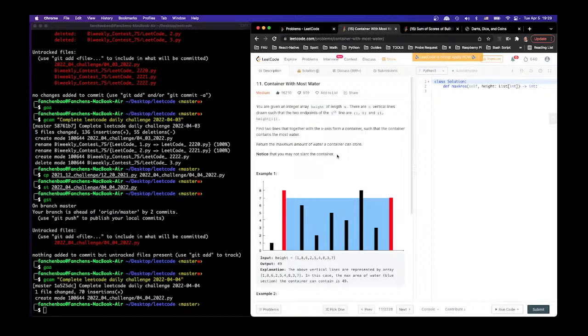Every time we walk, we can increase until we hit a time when the left is larger than the right. And if the left is larger than the right, then the volume is determined by the right, and then we walk the right forward, right?